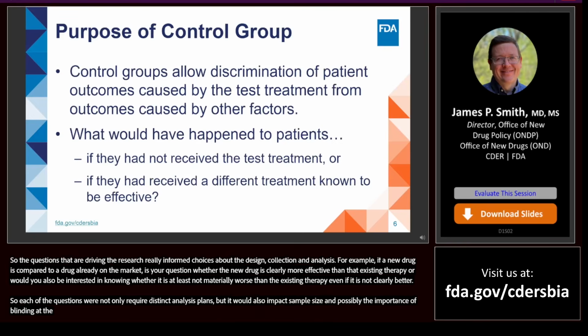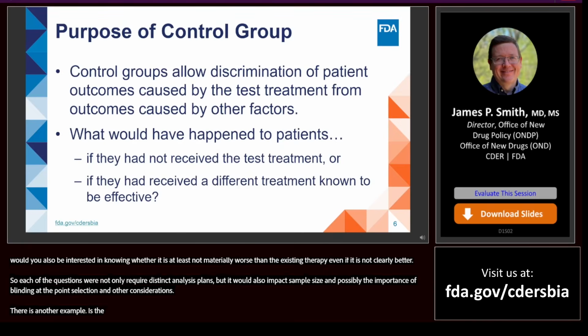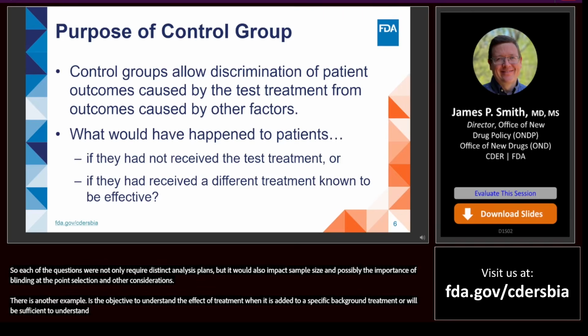The choice of a control group is always a critical decision. And control groups allow discrimination of patient outcomes caused by the test treatment from outcomes caused by other factors.